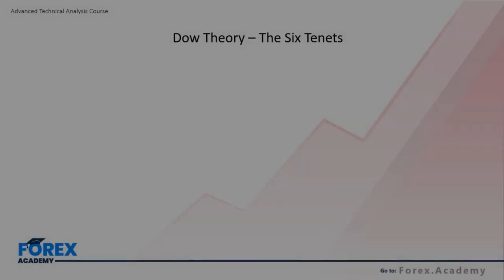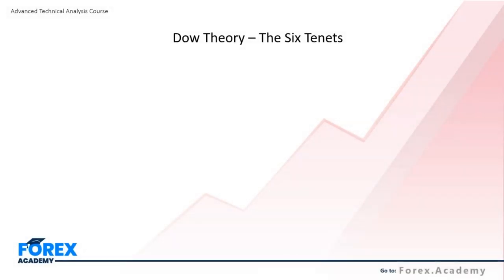In the early 1900s, a gentleman by the name of Charles Dow, who the Dow Jones Industrial Average is named after, began to collect tick data on the Dow Jones Industrial Average. This is really the beginning stages of the subject matter that we now know as technical analysis.